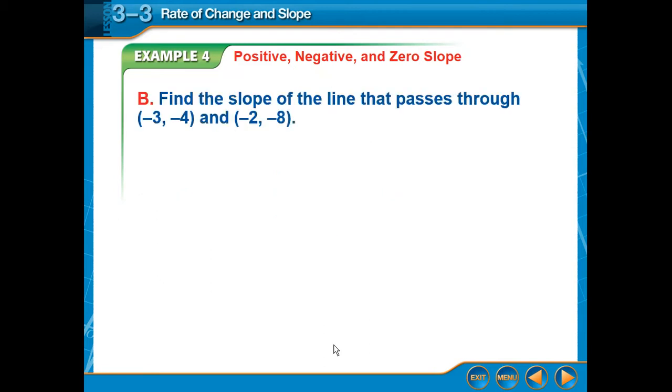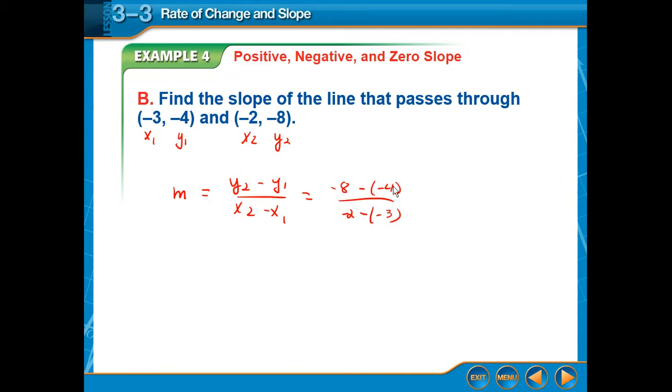The next one, if I want to find the slope of this, again, I'm going to label my points, x1, y1, and x2, y2. And my slope equation, m equals y2 minus y1 over x2 minus x1. Plugging in y2, I get -8. y1 is -4, so minus a -4. x2 is -2, minus x1 is -3.